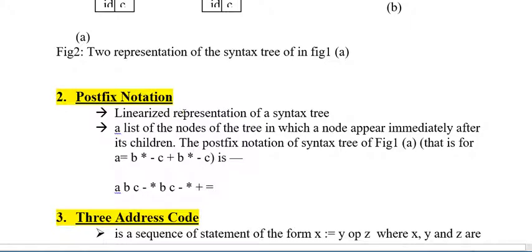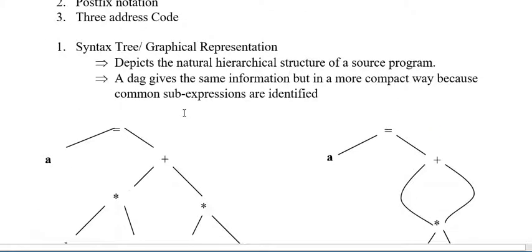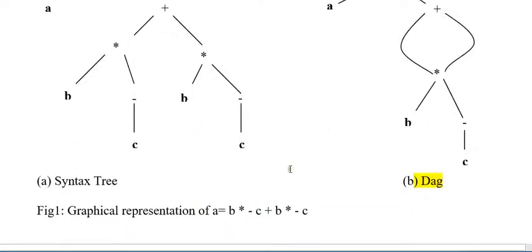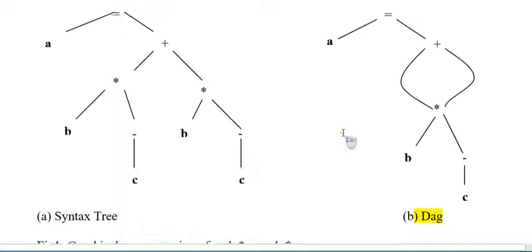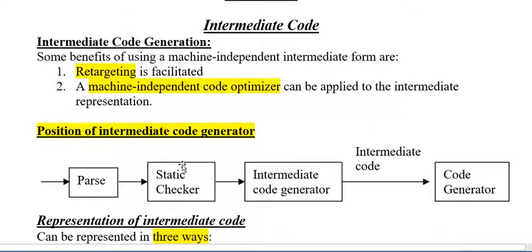The postfix notation is important for small questions. This diagram and this formula are very important for our questions. You obviously need to have a clear concept of this diagram to attempt the intermediate code generation questions. That's for today. Thank you.